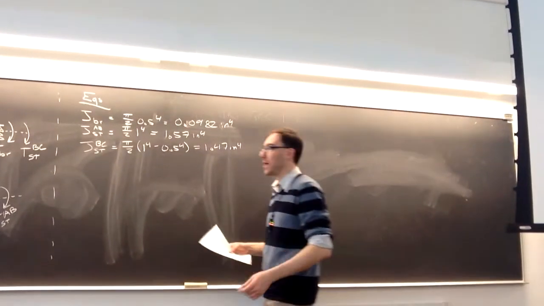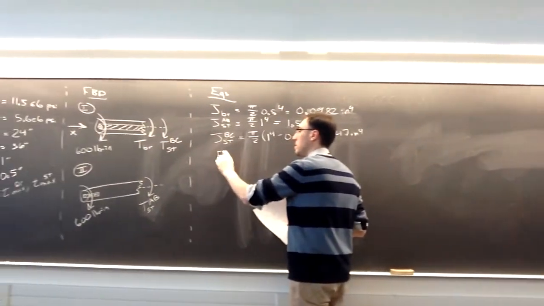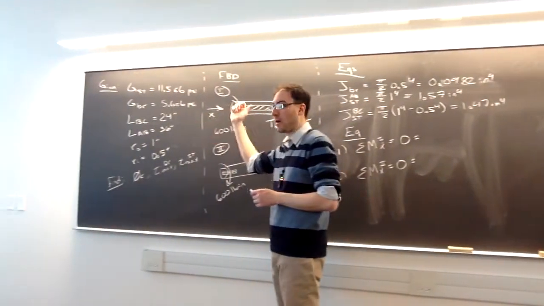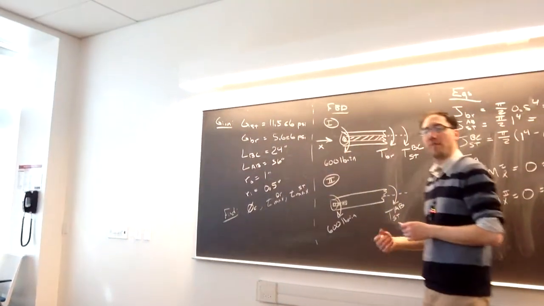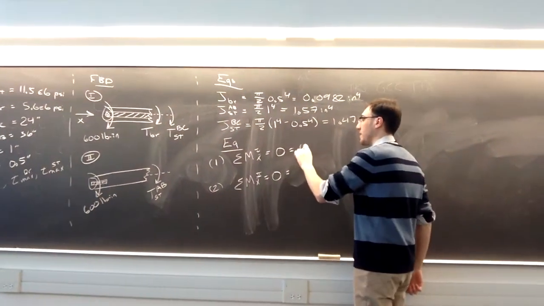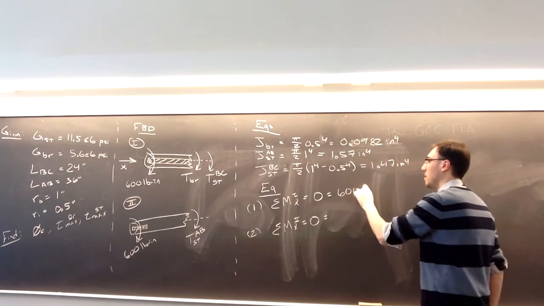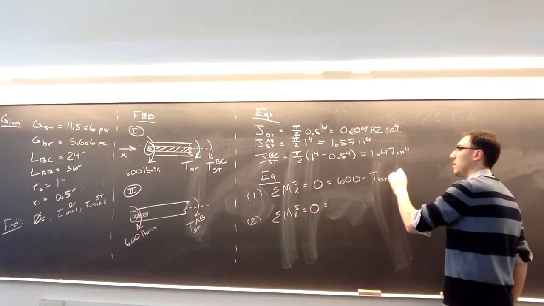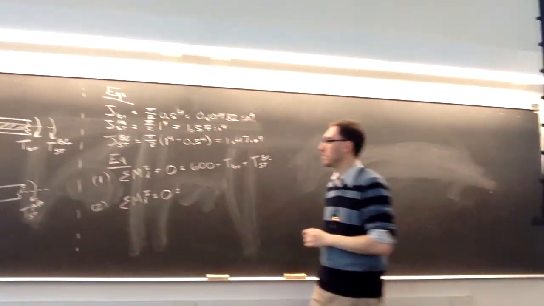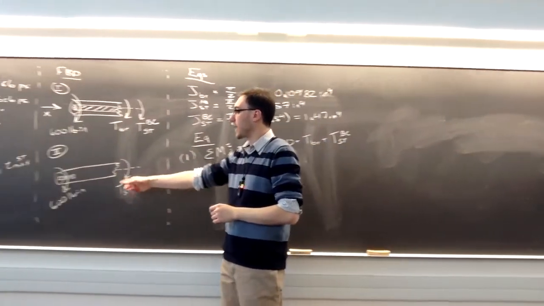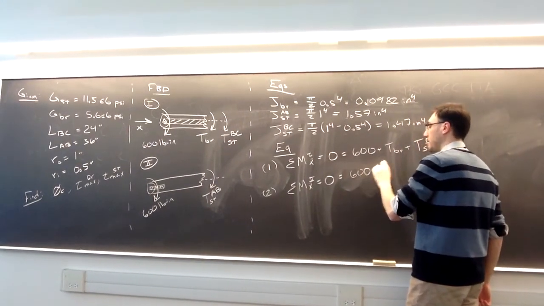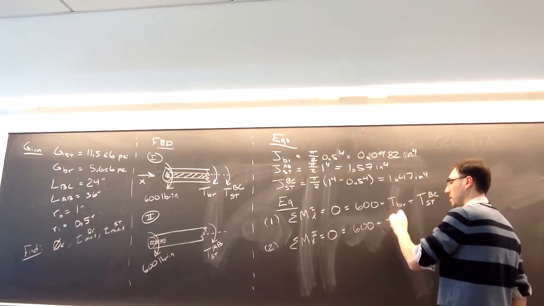All right, with those out of the way, then we can look at the equilibrium equations. From the first picture, at least in my free body diagrams, I assign x to the right. So if I find the moments around the x-axis in the first picture, I'll have a positive 600 inch-pounds plus T BR plus T steel BC. And in the second picture, with the same axes, I get a positive 600 plus a T steel AB.